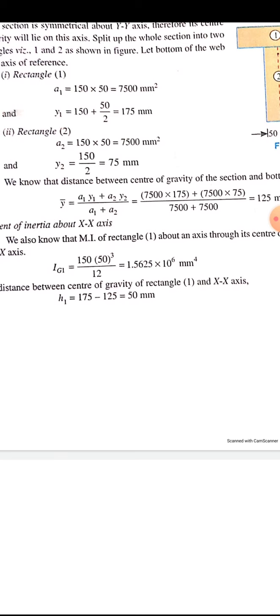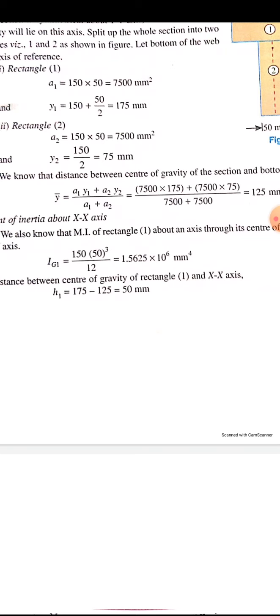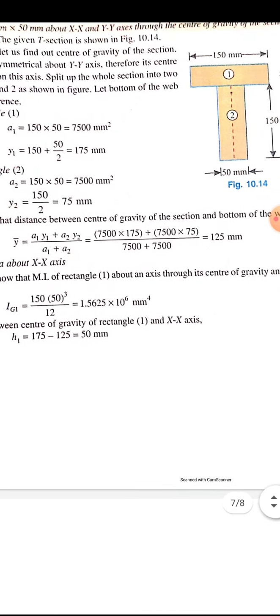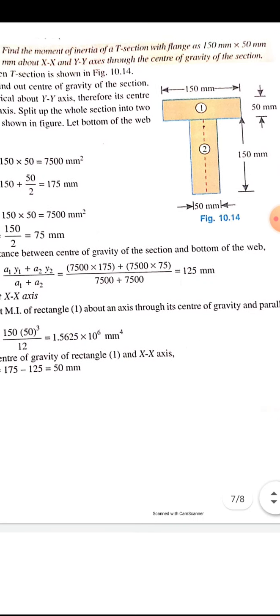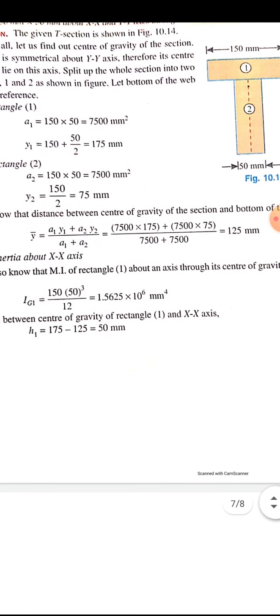We have calculated Ig1, and the distance between the center of gravity of rectangular 1 and the x axis is h1 equal to 175 minus 125 mm, where 175 is Y1 and we found the center of gravity y bar equal to 125 mm.